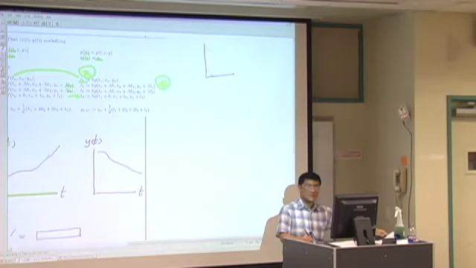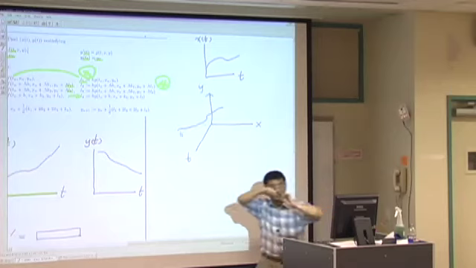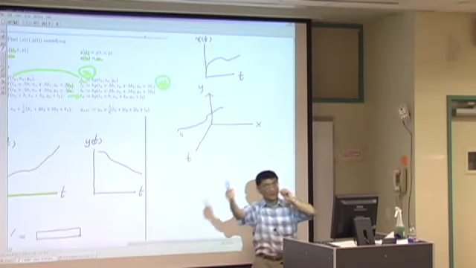The height can be represented by just one graph. But now, as time varies, both x and y vary, right? So we usually use the time variable in this direction, and then x in this direction, and then y in this direction. Then as time varies, both x and y vary, and it's a curve in space. So we want to find the curve in space.